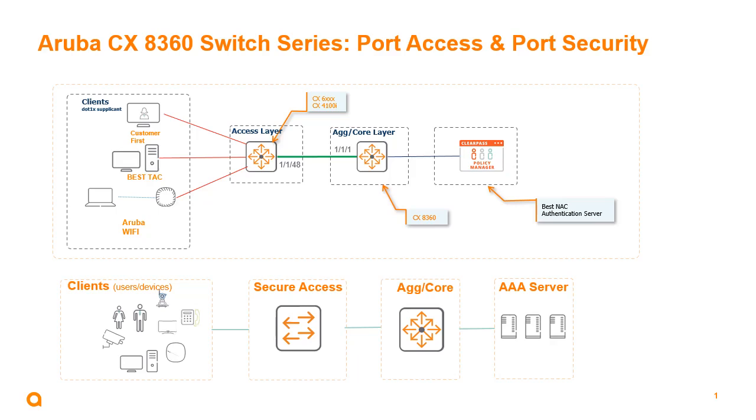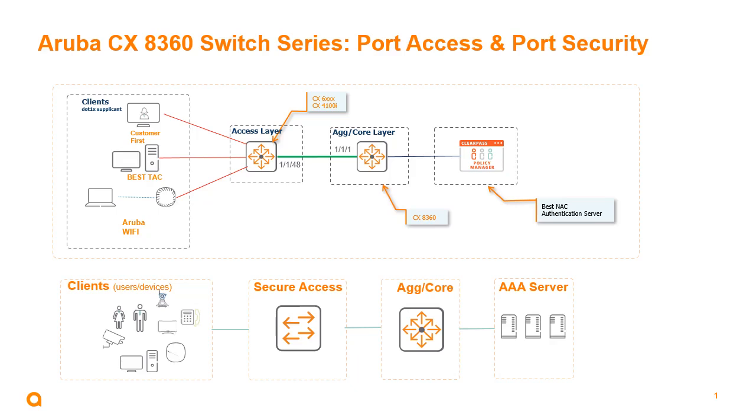Before you authenticate the clients on your left-hand side, meaning users and devices, you want to make sure you authenticate and bring up the right, secure access layer. For that reason, we are bringing these port access security and port security features to the aggregation and core layer of enterprise deployments or your data center deployment.